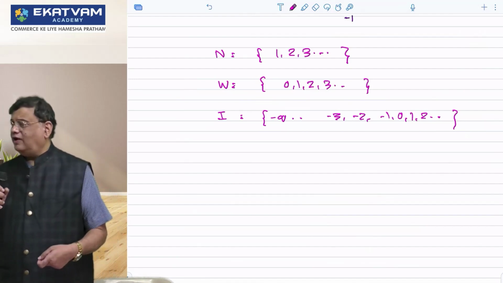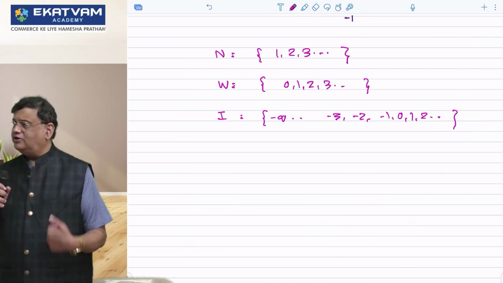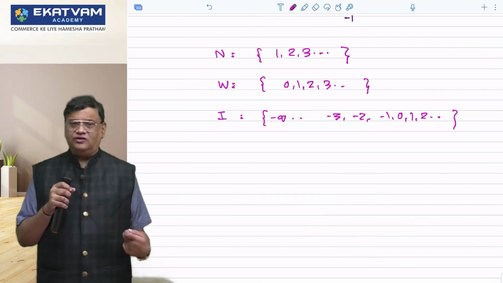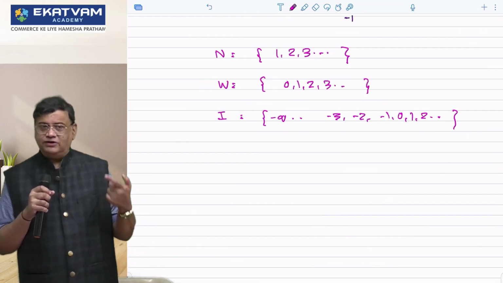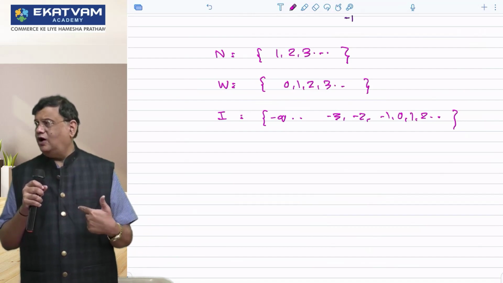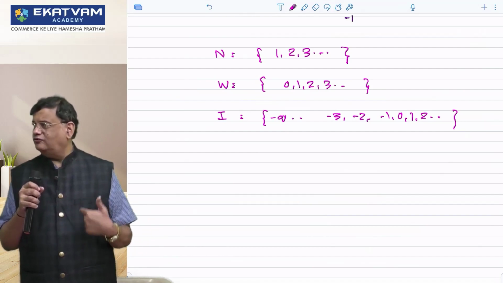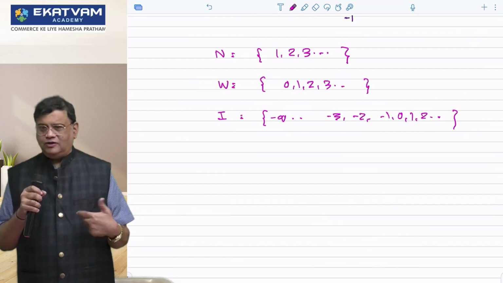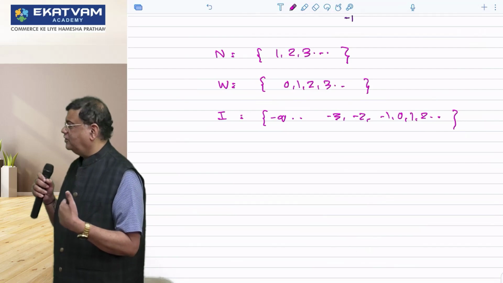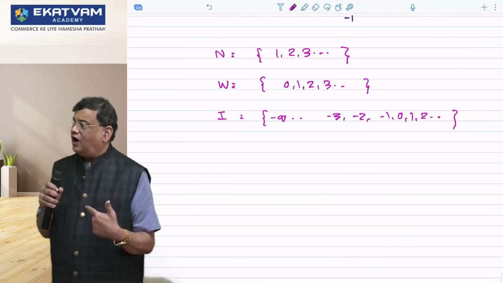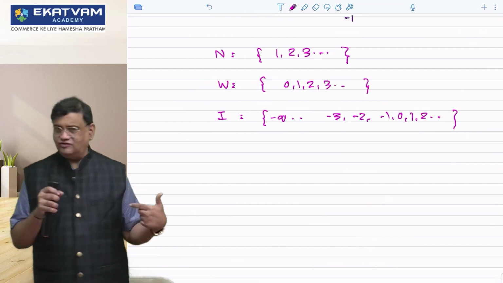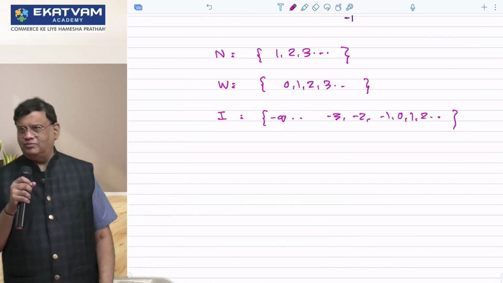Suppose you have 4 chocolates and you give me 2 out of 4 chocolates. 2 out of 4 means what? 0.5. And 2 out of 3 is what? 0.6666666666. It doesn't stop. समझा क्या?